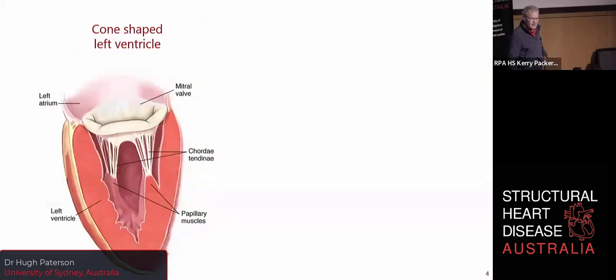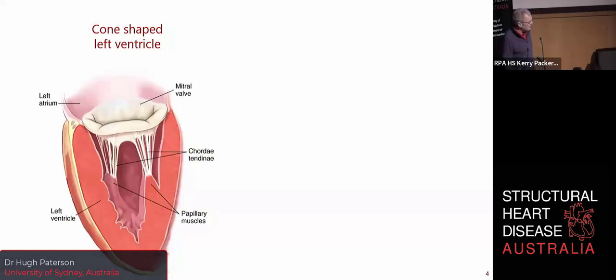So the cone shape of the left ventricle is the universal design of the systemic vascular pump in the mammalian world. It's like the piston engine is the universal engine for a fossil-fueled car.